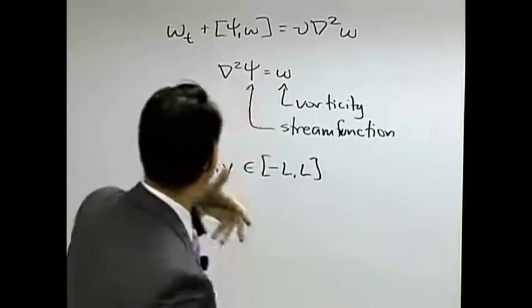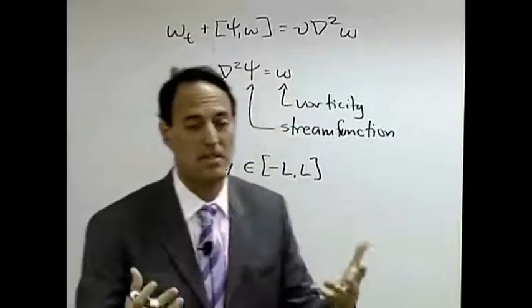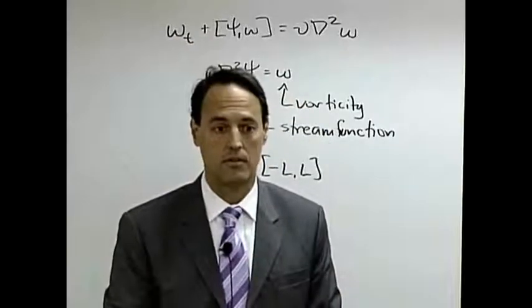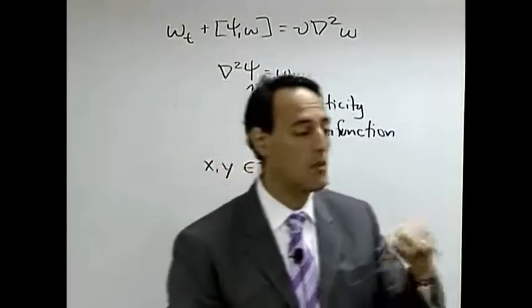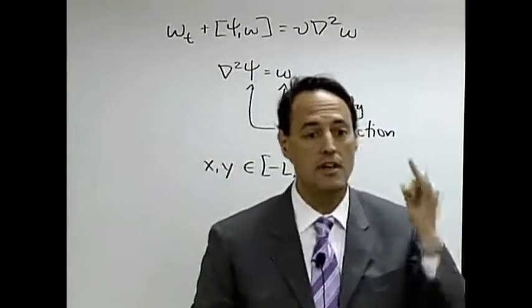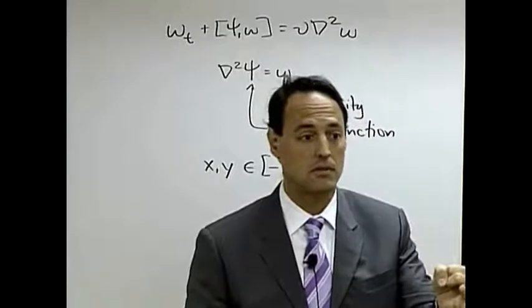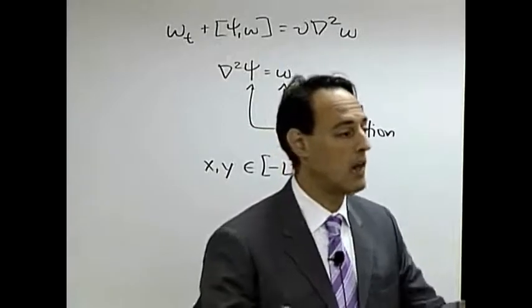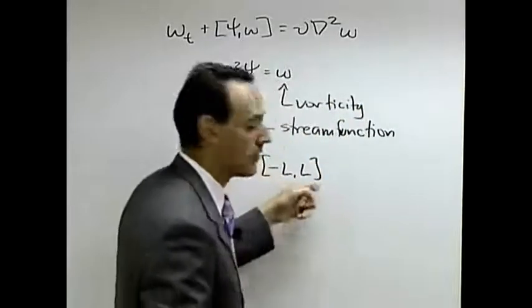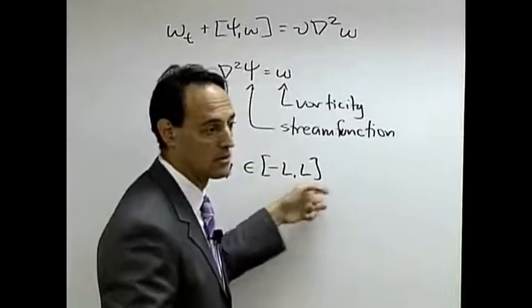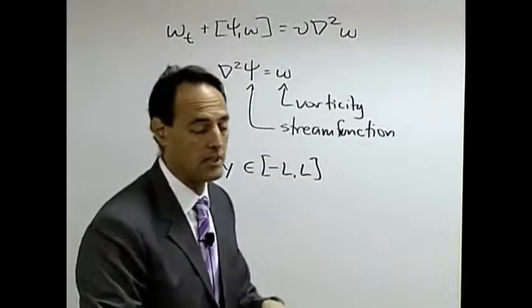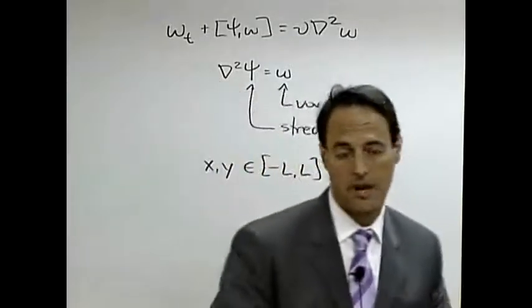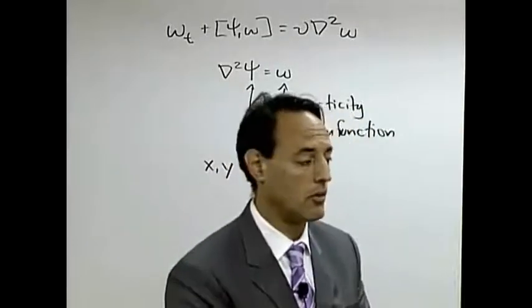If I'm going to evolve this forward in time, I've got to specify what it should start with. So I need initial conditions. And more than initial conditions, I also need boundary conditions. I need to specify what happens when it gets over to here. What are the behaviors at negative L and L? If I specify all that, then I have myself a complete problem that I can go to solve.